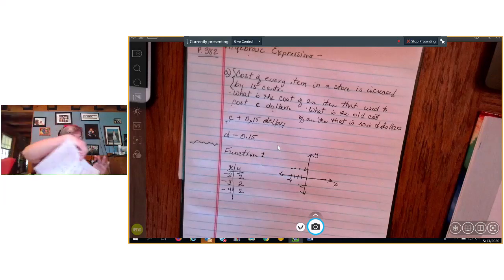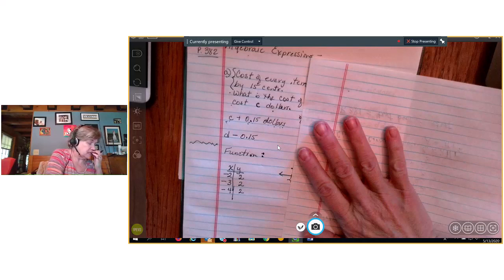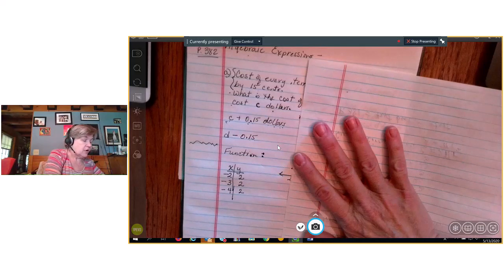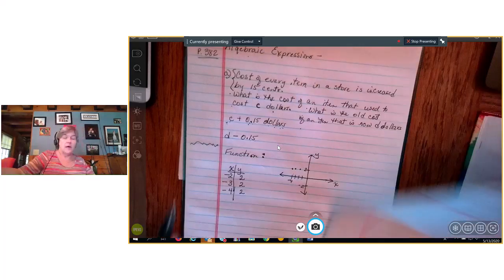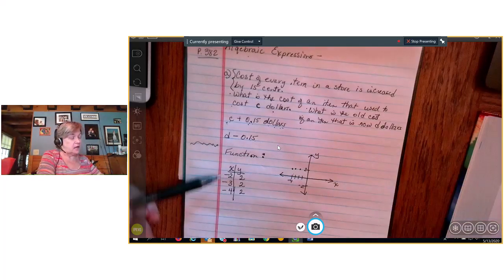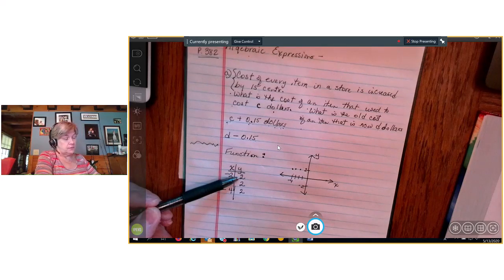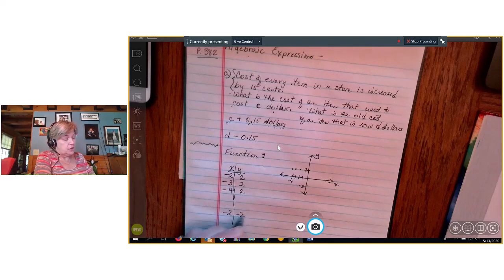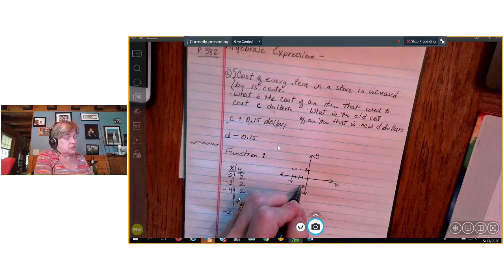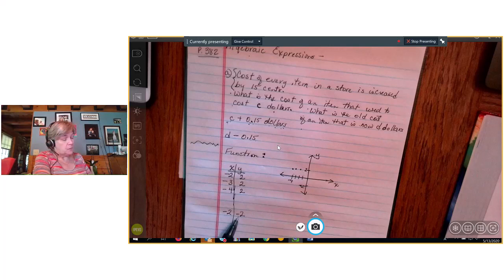Everybody knows about the vertical line test when you're determining a function. When I'm coming across with a vertical line, I've only got one point showing as I'm coming across. That means that for every x value, I only have one y value. Now, if I were to add in another point of -2, -2, then this would stop this being a function.